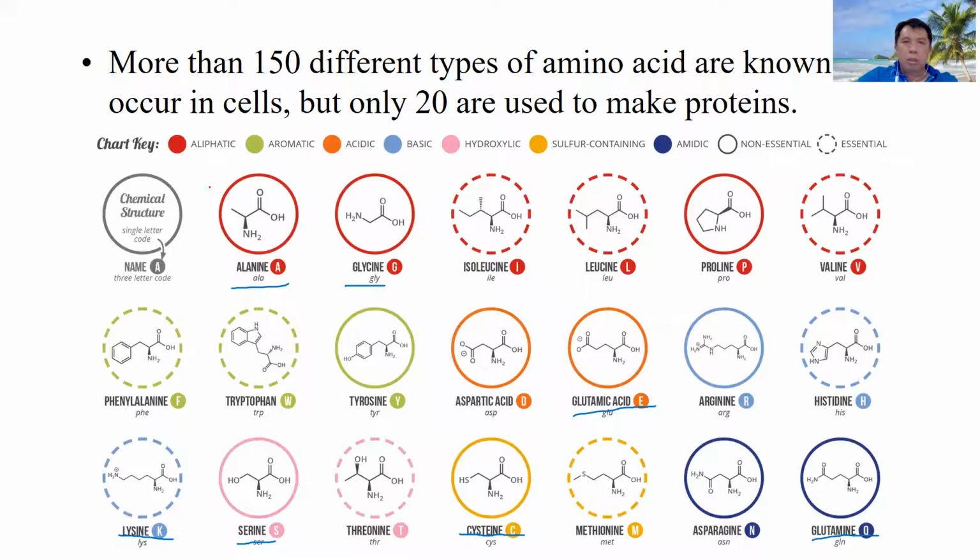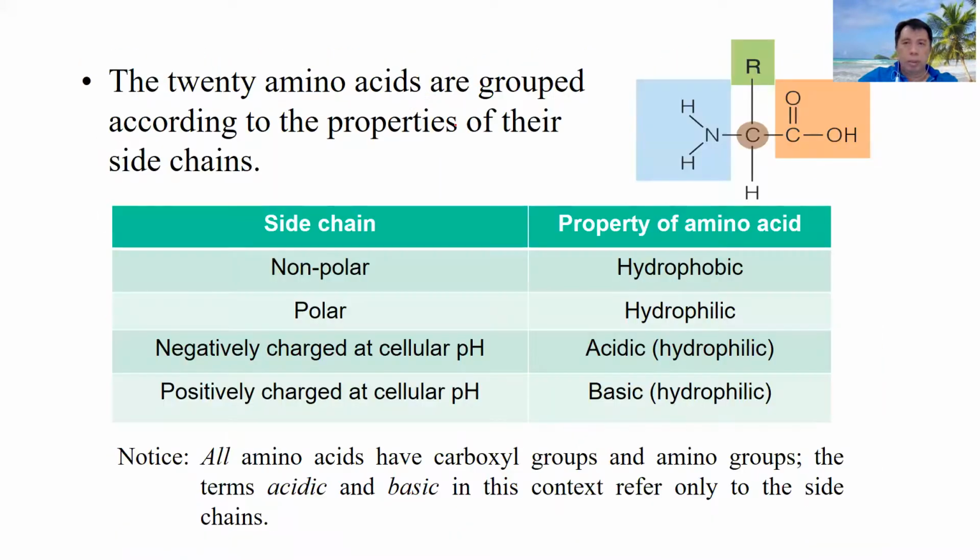There are many different types of amino acids, but we only study the 20 amino acids found naturally that are used to synthesize proteins. All the amino acids differ in the R group, so according to the R group, we can classify the amino acids into 4 main classes.